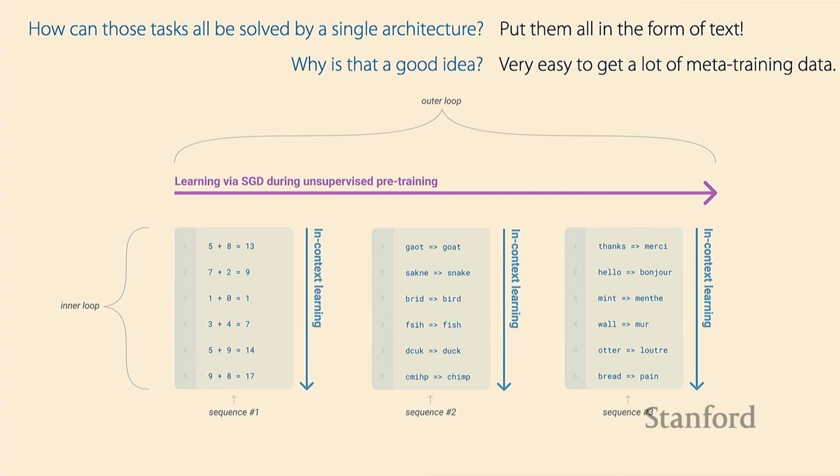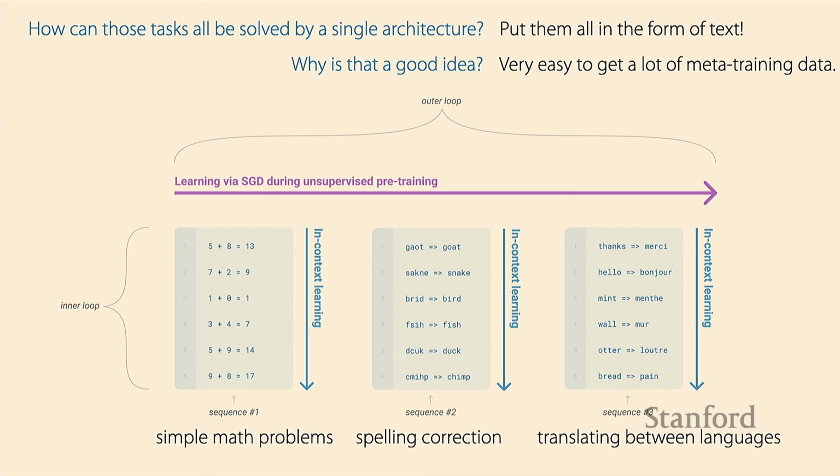Then optimizing the neural network across these different tasks is the outer loop, the learning process of optimizing the parameters of your big transformer model. And these are the example tasks that we saw before, all in text form.